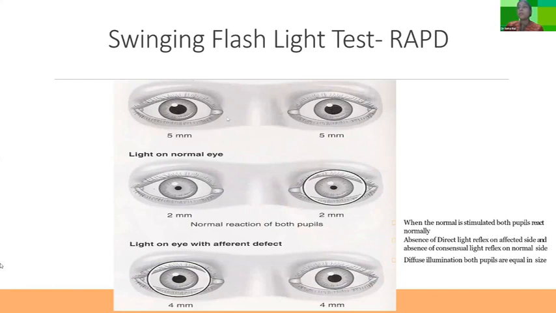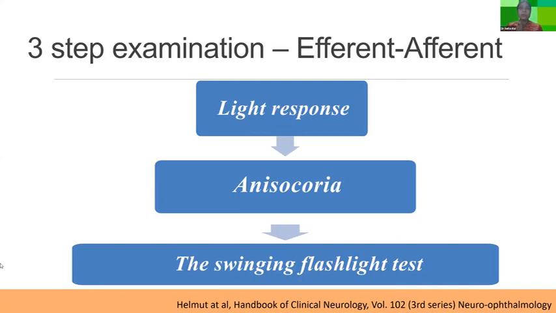When the normal eye is stimulated, both pupils react normally, but absence of direct light reflex in the affected eye and absence of consensual light reflex on the normal side is abnormal.